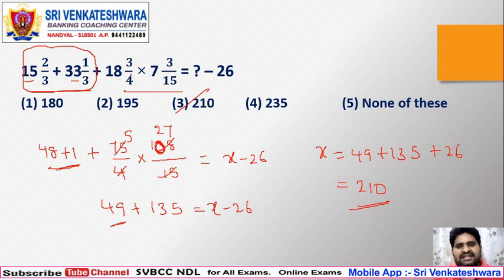And 4 18s are 72 plus 3, 75 by 4. 15 7s are 105 plus 3, 108 by 15, and 5 27s are 135, equal to x minus 26. Taking 26 to that side, 26 plus 49 is 75, 75 plus 135, altogether 210. So this is how you do the simplifications here. Clear this part?